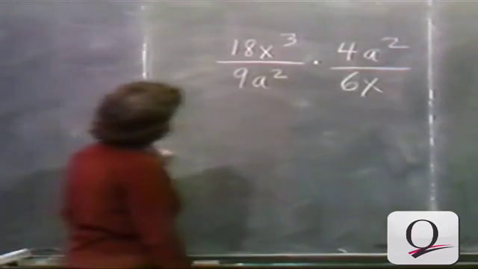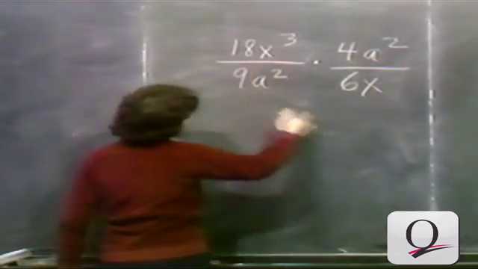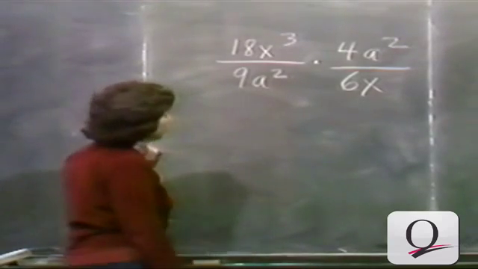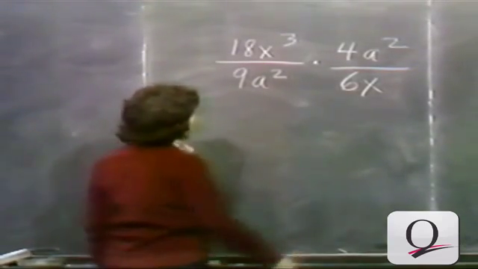All right, we have a choice here. We could put the 9 into the 18 or the 6 into the 18. It doesn't really matter. You'll get the same answer either way.